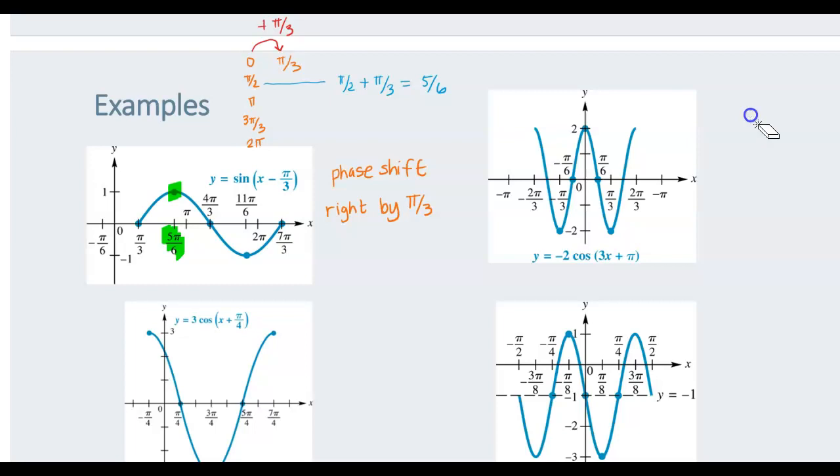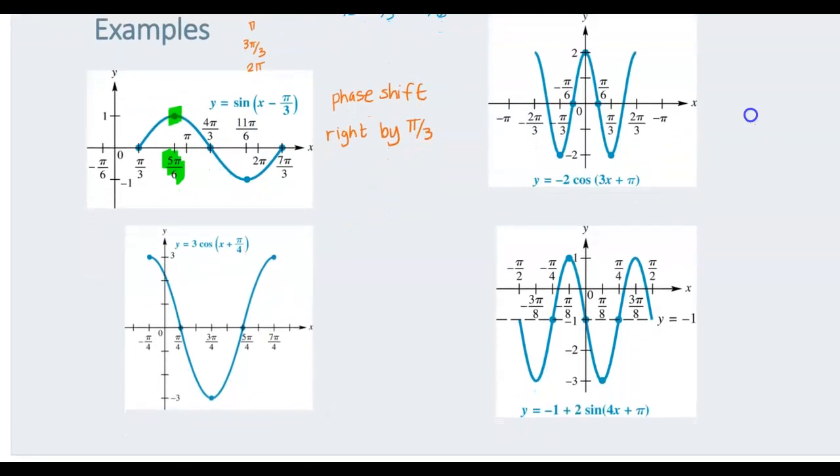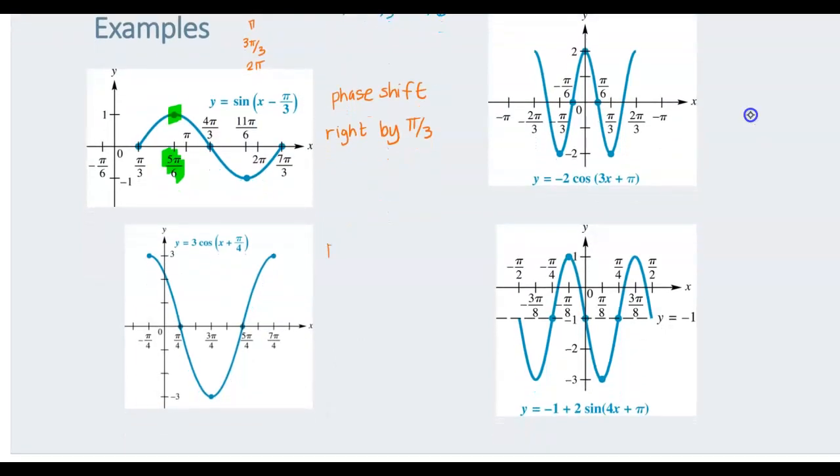For the second graph, I have a phase shift. So the whole graph moves to the left by pi/4. And then we also have a change in the amplitude, right? So the amplitude is equal to 3.